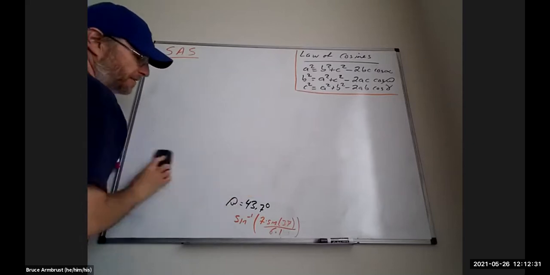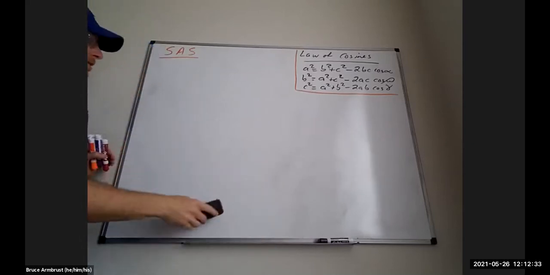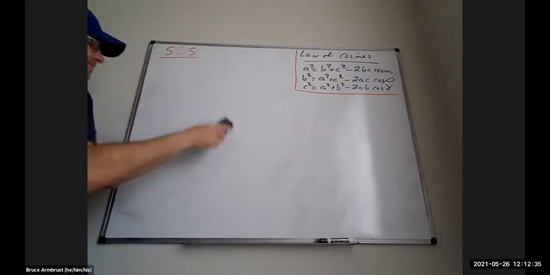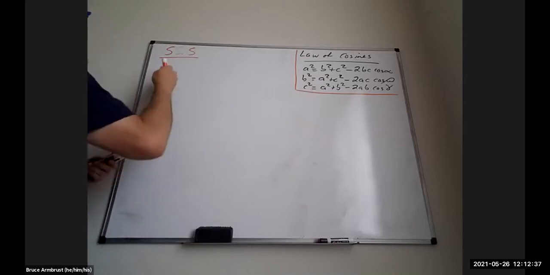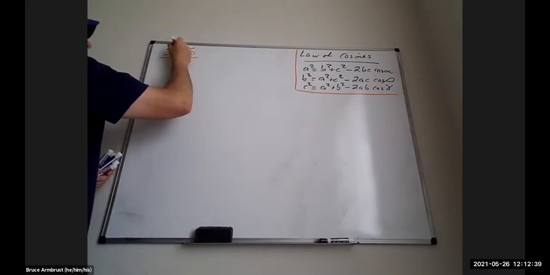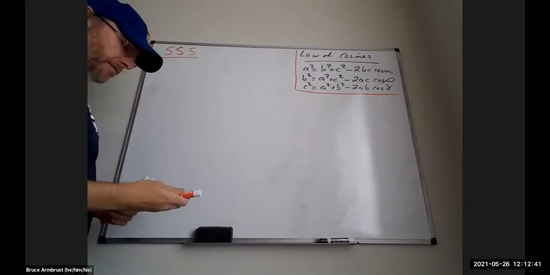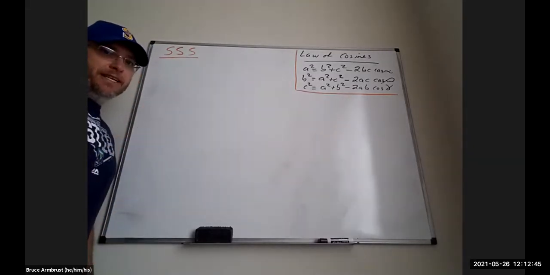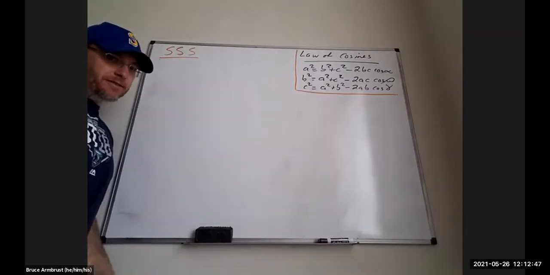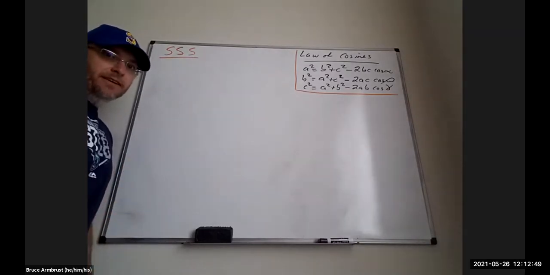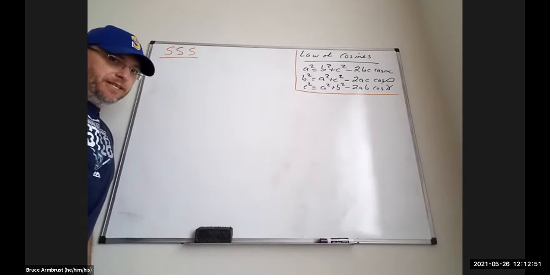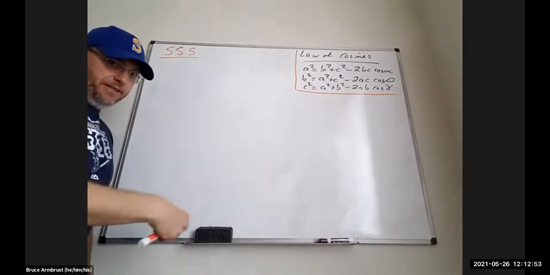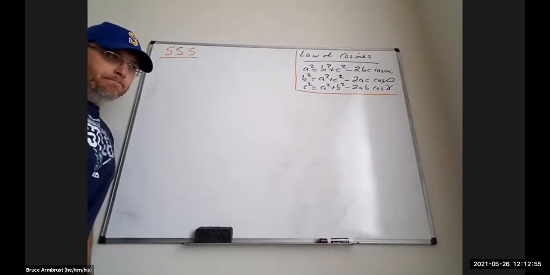So this is going to be where you actually just know all three sides. And in a lot of applied situations, real world situations, this is where we are. It's a lot easier to measure sides than angles, just physically, right? I can just go take a measuring tape and measure out distances and get my lengths.